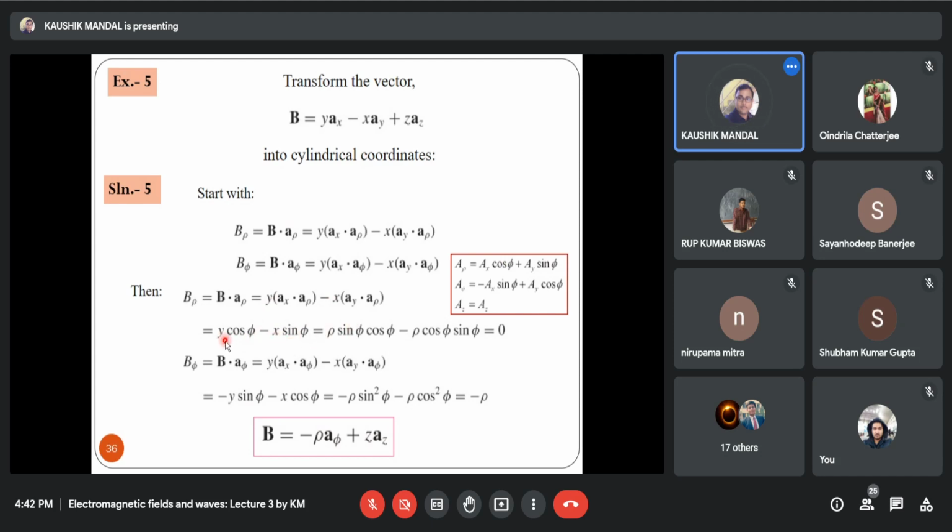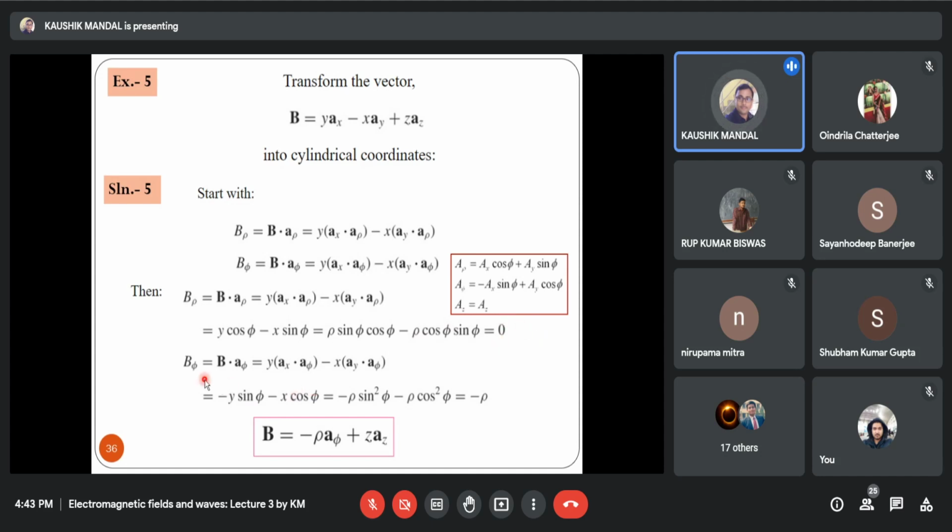Now you put y equal to rho sin phi, and x equal to rho cos phi, so it will cancel. So b rho becomes 0.